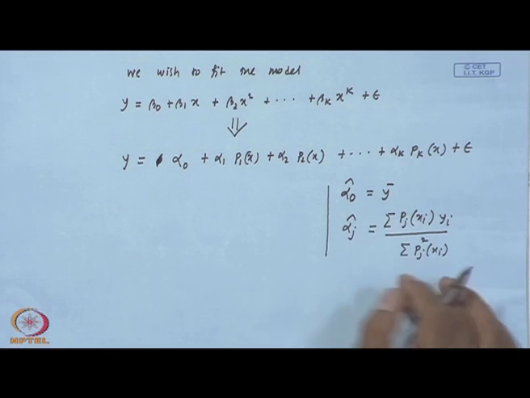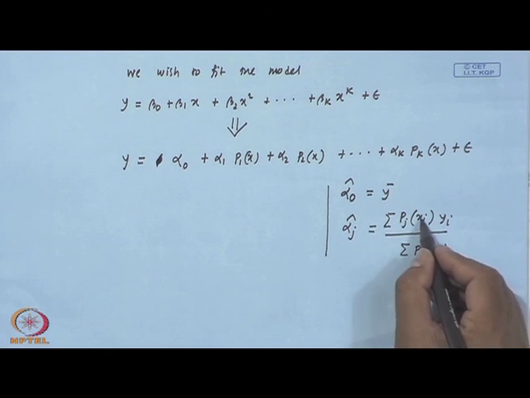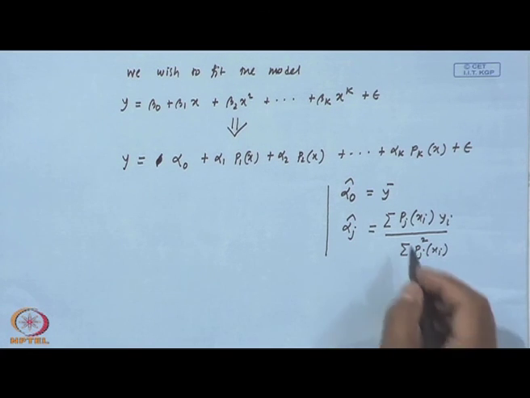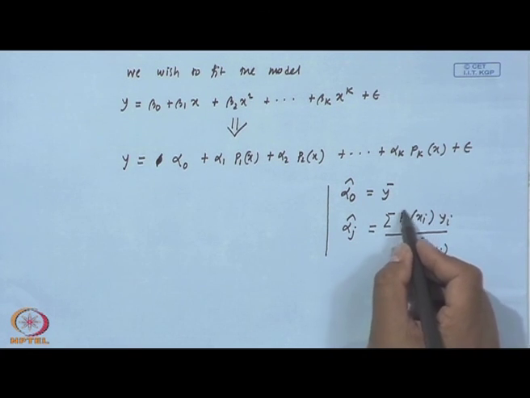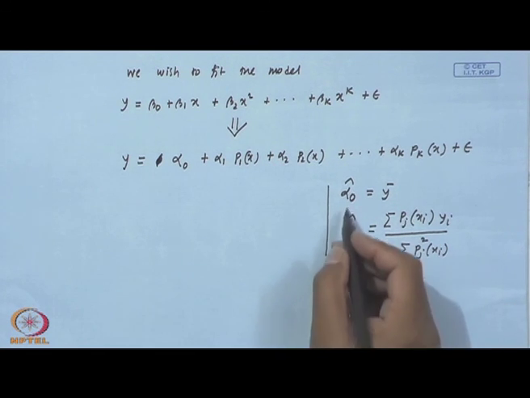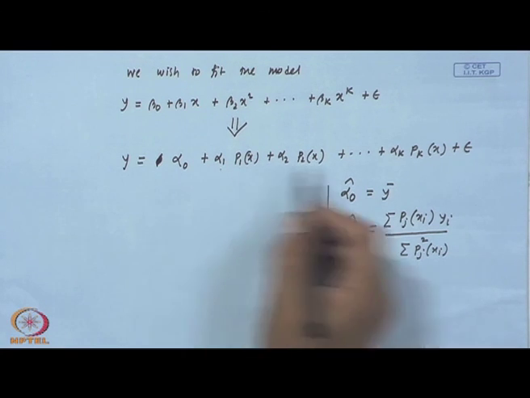So, by using all these formulas, you know y_i, and of course, the x_i's are all equally spaced. You can just consider them 1, 2, 3, 4 up to 20, and you know this jth order orthogonal polynomial. So, you can compute alpha naught hat and alpha j hat for j equal to 1 to k.